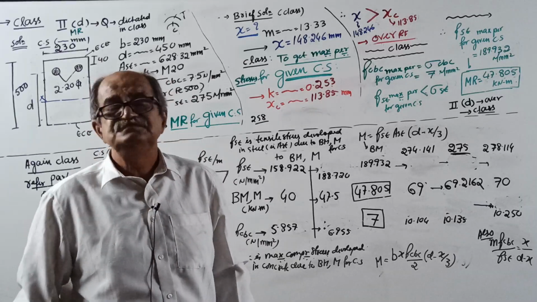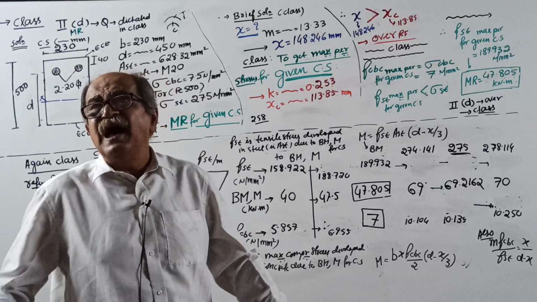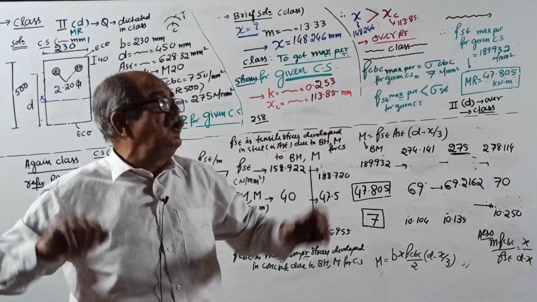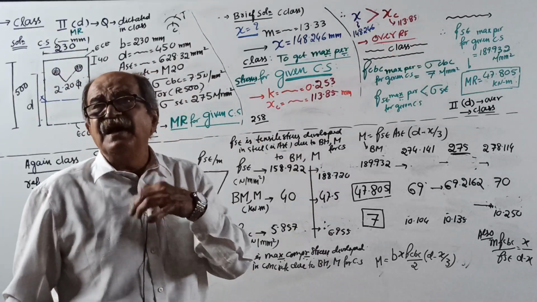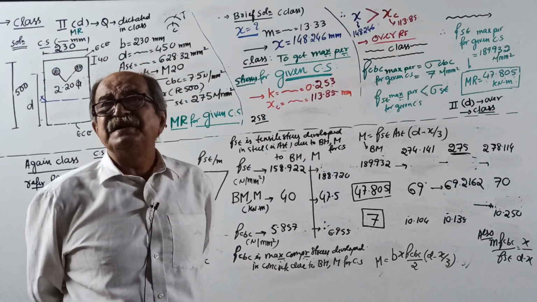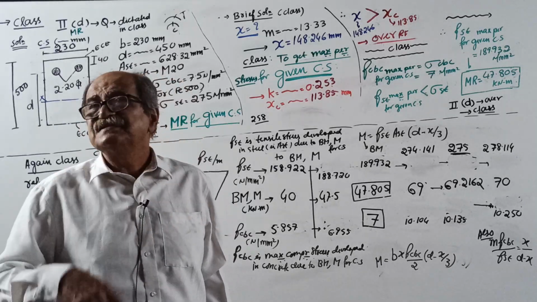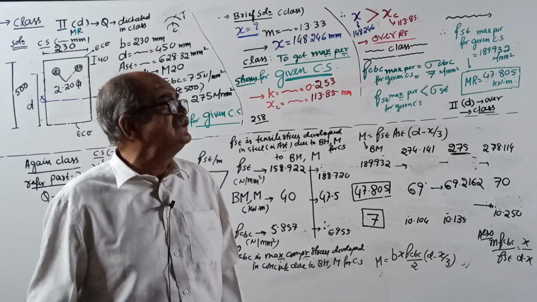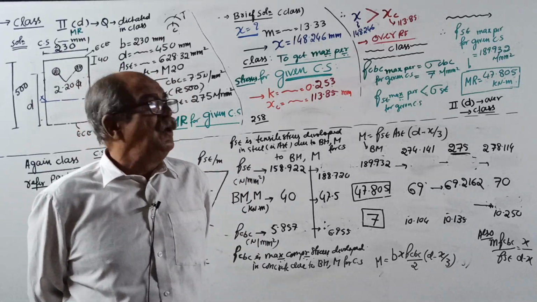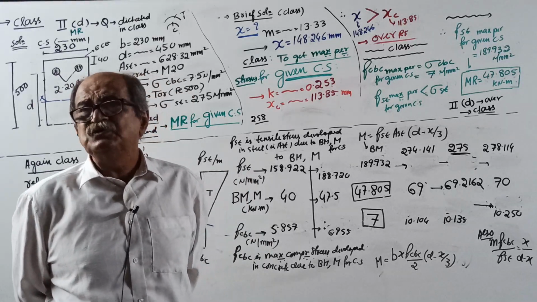One class is the full basic concept and equation. Second class, how to find stresses due to a given BM. Third class, how to find the moment of resistance. There I will do double questions, once under reinforced, once over reinforced.